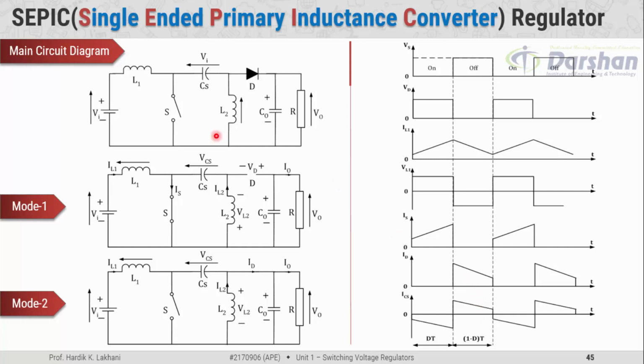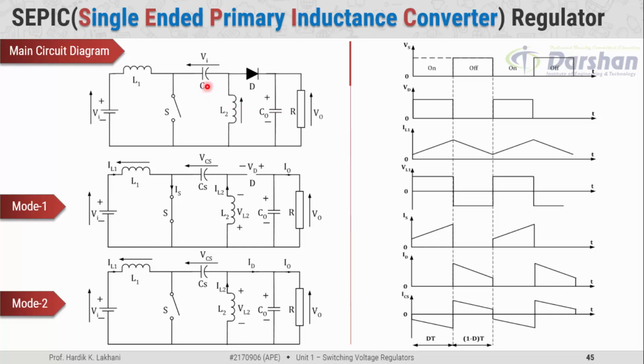If you properly observe the circuit diagram of the SEPIC regulator, the front end portion looks like the boost converter, and the back end portion looks like the buck boost regulator. So you can say that the SEPIC regulator is nothing but the boost regulator followed by the buck boost regulator.